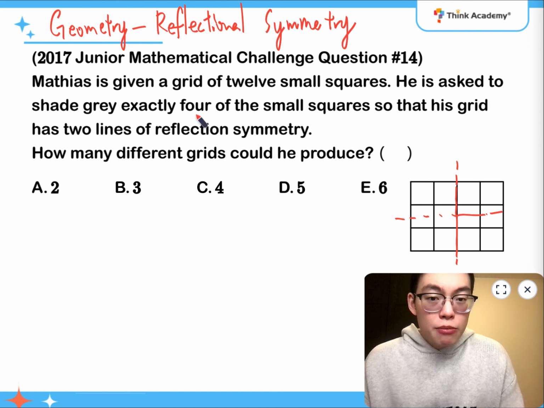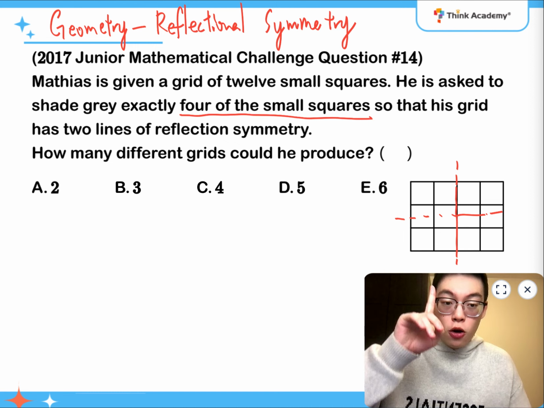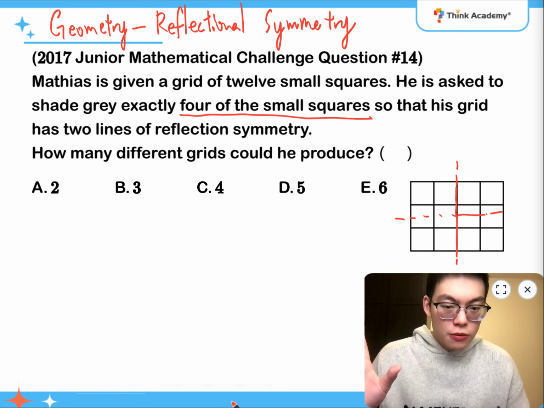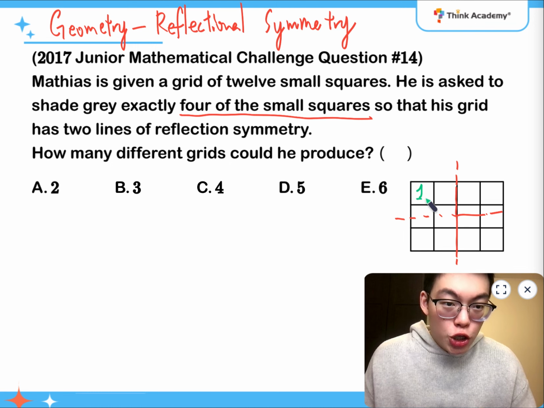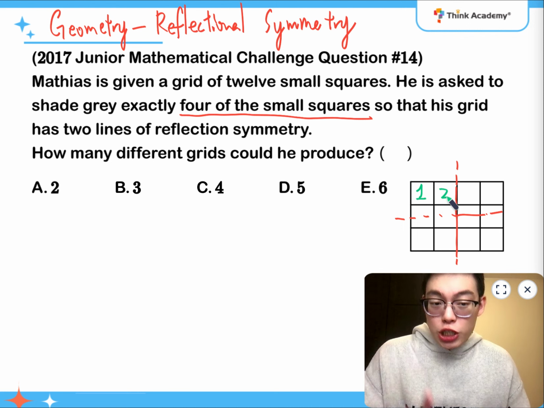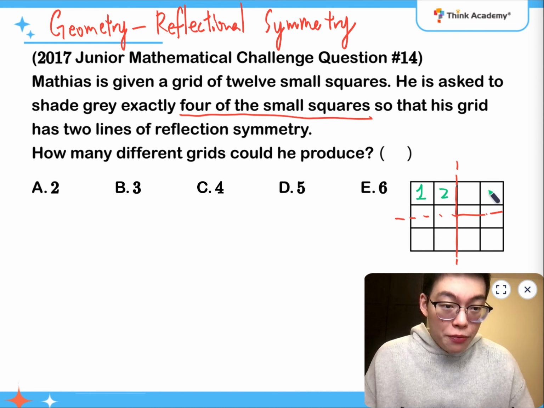Now it says that I'm shading in 4 of the small squares, which means that I need to shade in 1 square in one of the regions. So we can see that the region has 2 squares and 2 half squares. So of course I can shade any one of the 2 squares. If I'm shading 1, then I will be shading all 4 of these.